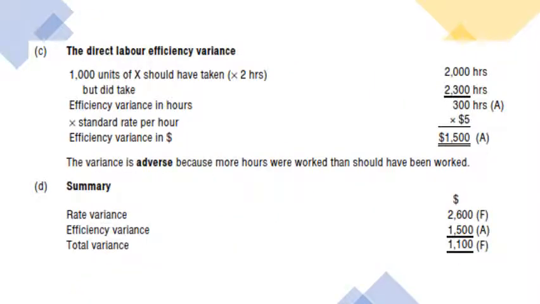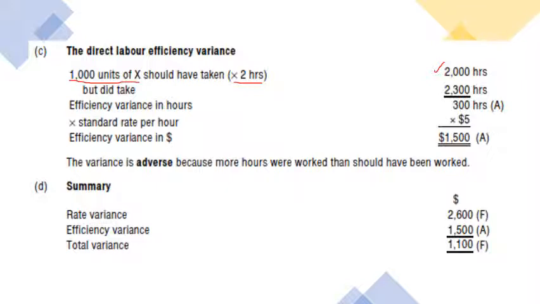Now in efficiency variance, 1000 units of X should have 2 hours to calculate 1 unit. So how many hours you should have worked, which was 2000 hours. These are the standard hours.